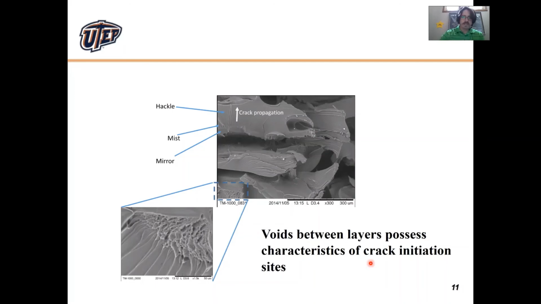And so we see our mirror, mist, and hackle zone, in the SEM. When we talk about SEM, I always ask this question: is it the most versatile tool that we use as material scientists and engineers? So very excited. Hopefully this is whetting your appetite for the course, and we have a good time. So thank you very much for your time.